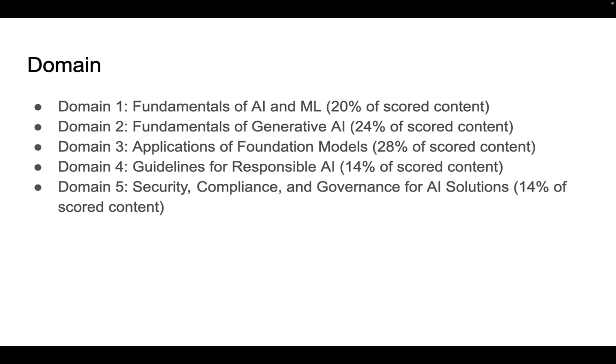So these are the domains, and these domains also consist of different AWS-specific tools or apps which are available in AWS, and you should be aware of the ins and outs of those tools. Now, the best way to learn this is to first understand the content and then create some exercises, some assignments, some sample apps so that you will understand how it is applied in the real world.